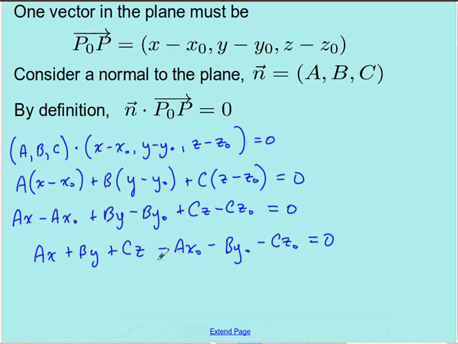And just for the sake of convenience, I'm going to take those last three terms because they're made up of a, b, and c. Those are going to be what we've defined as the normal vector of the line, and a, b, and c are still represented here. X naught, y naught, and z naught are the initial position vector for the plane.